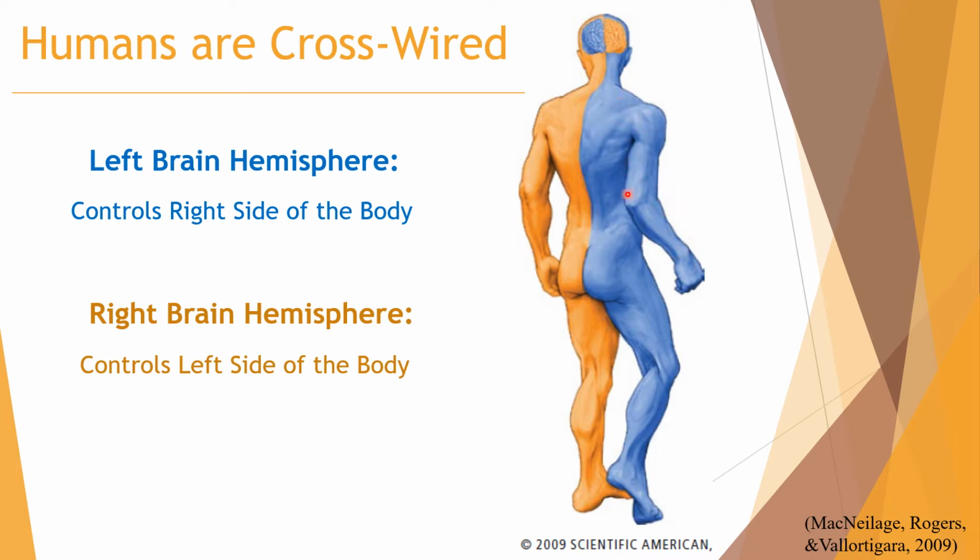The same is true for the right cerebral hemisphere, which is linked to control parts and motor skills on the left side of the body. So it's very interesting how the body is linked, but that also shows the division of labor, again, with these cerebral hemispheres.